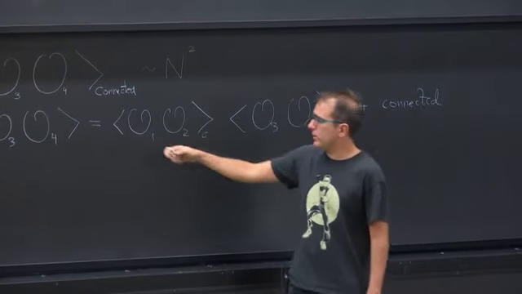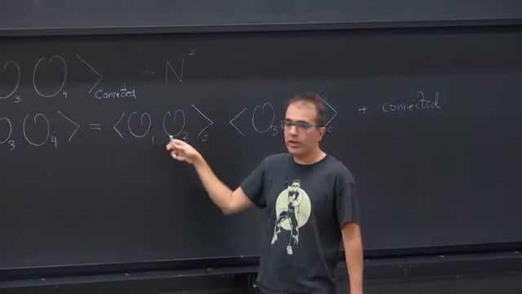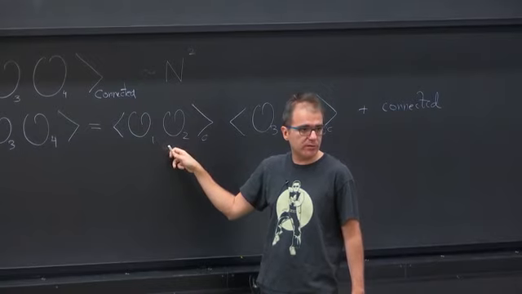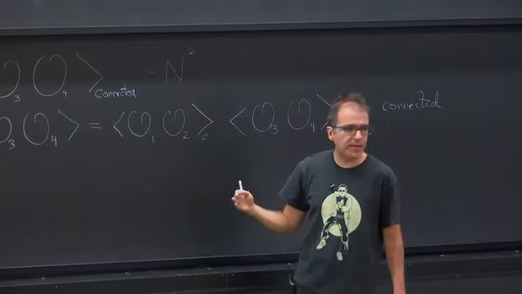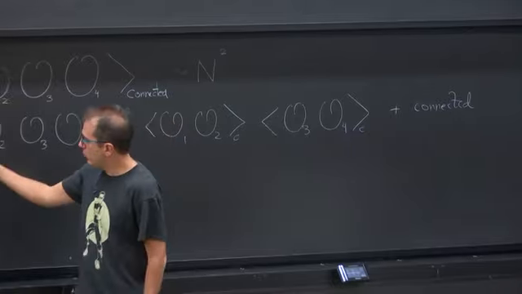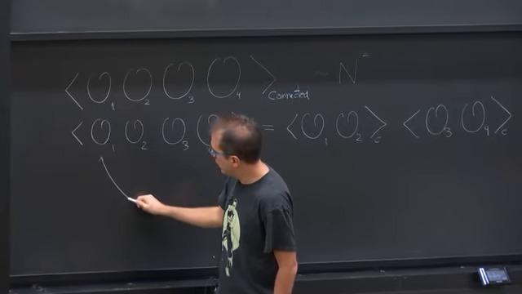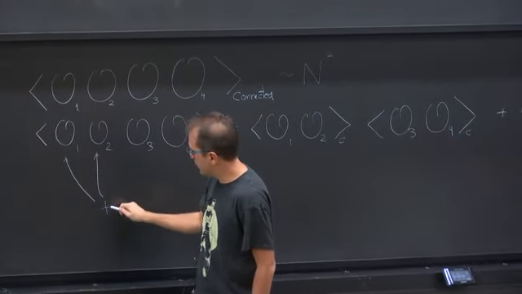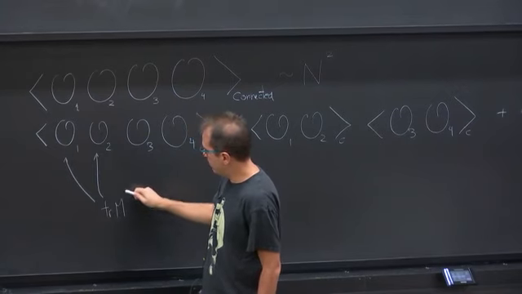A priori, you could say it could be 1, 2, it could be 1, 3, it could be 1, 4. I could have all possible pairs. Let's suppose we forbid that. For example, let's suppose that we make O1 and O2 be some trace of some M to the L.